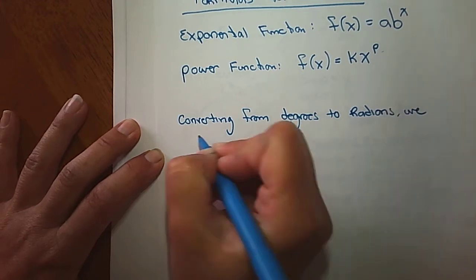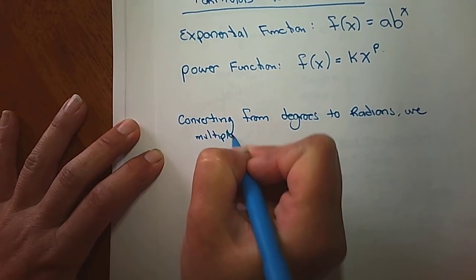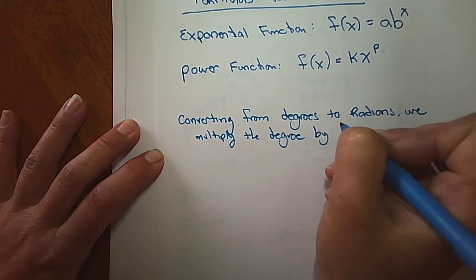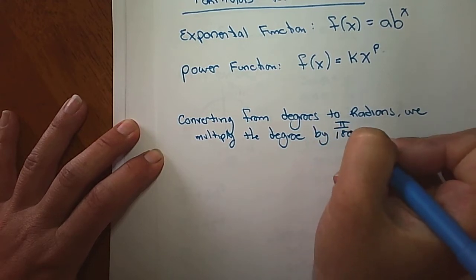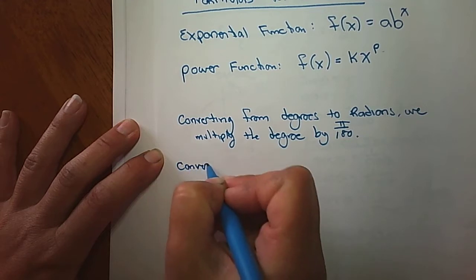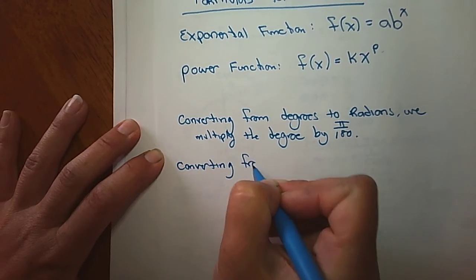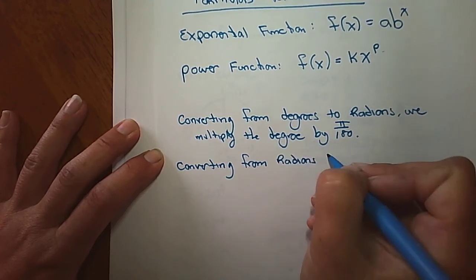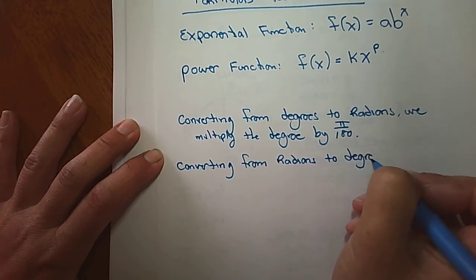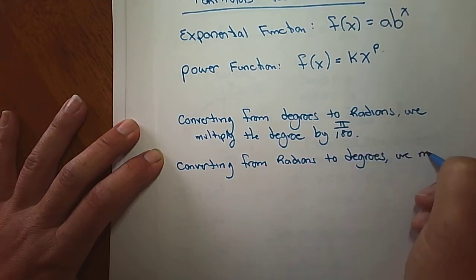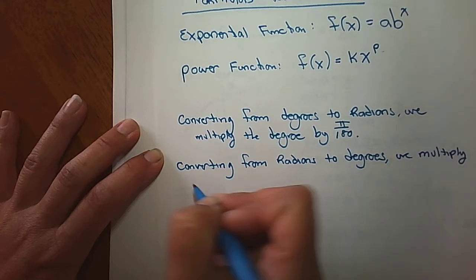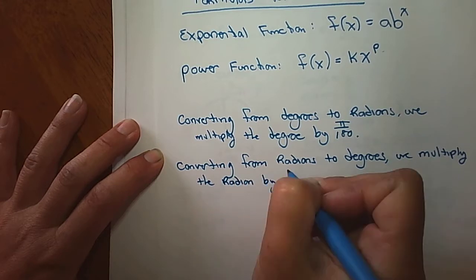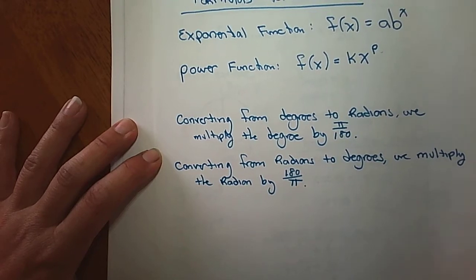We multiply the degree by pi over 180, and converting from radians to degrees, we multiply the radian by 180 over pi. All right, so something else to add to our formula.